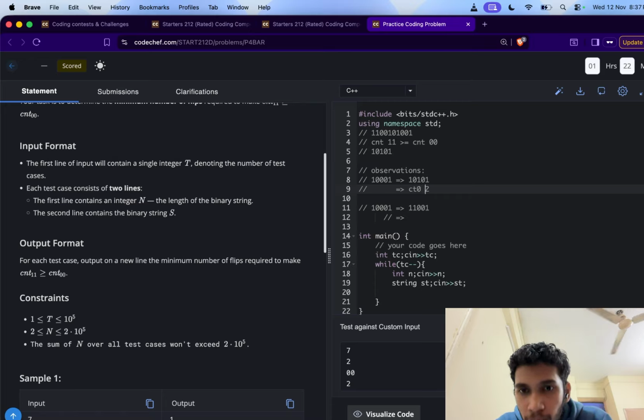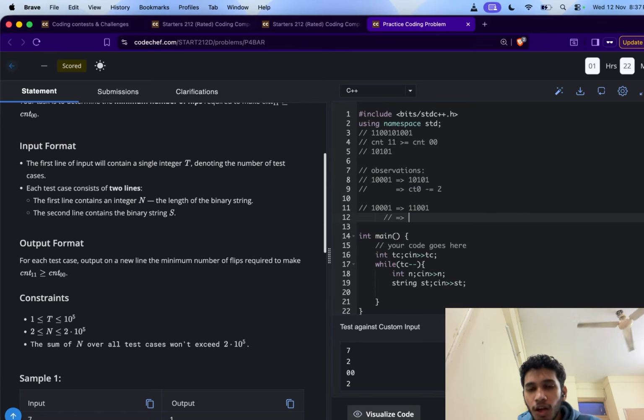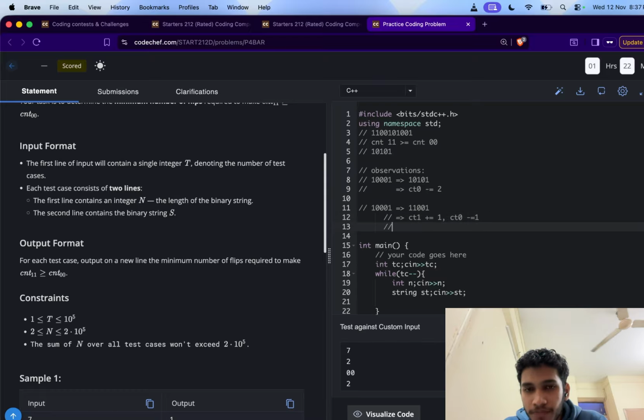CT0 plus equals 2, I mean CT0 minus equals 2, right? And in this case, what has happened? CT1 has increased by 1 and CT0 has increased by 1. Okay, what is the overall benefit?